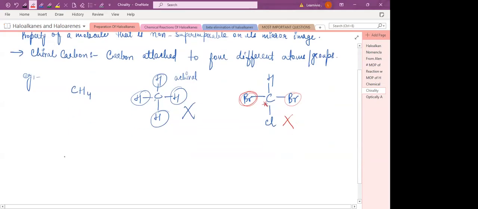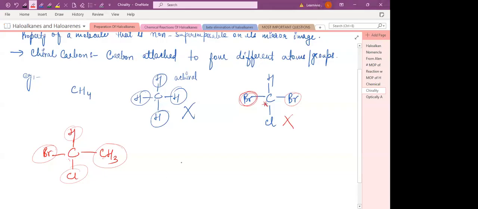If I attach, suppose carbon, here hydrogen, bromine, here chlorine, and here another CH3, right? Now tell me, is it chiral? Yes, it is chiral. You can see this carbon is attached to this bromine, this hydrogen, this chlorine, and this methyl. So this carbon is chiral. But this other carbon is not chiral. Why? Because it is attached to three hydrogens and one carbon.